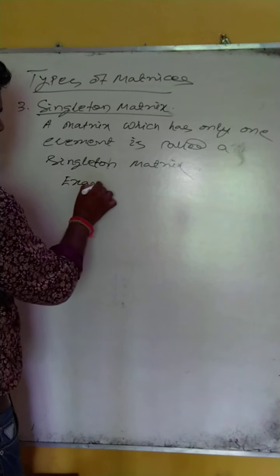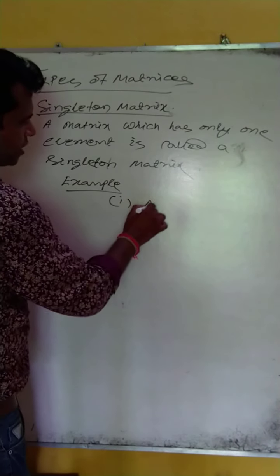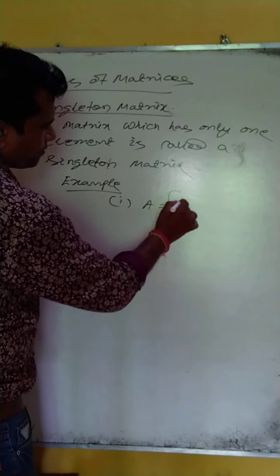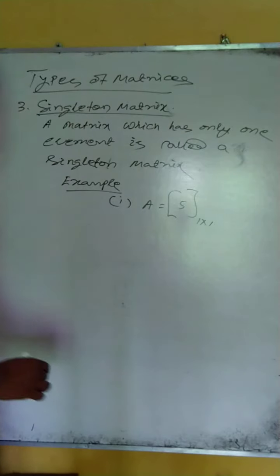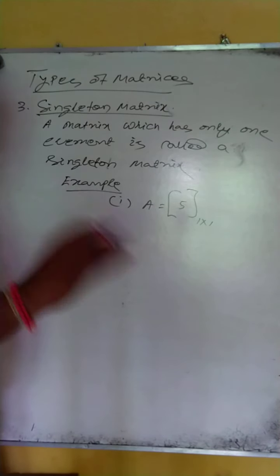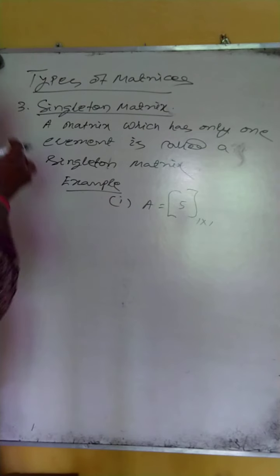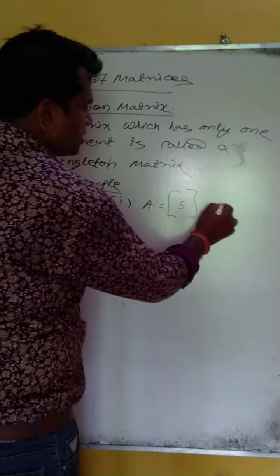Example: A is equal to, suppose, 5, that is 1 cross 1. That means a singleton matrix has 1 row and 1 column. Okay, it is a singleton matrix.